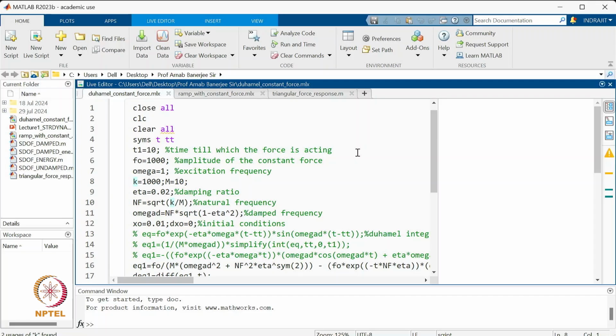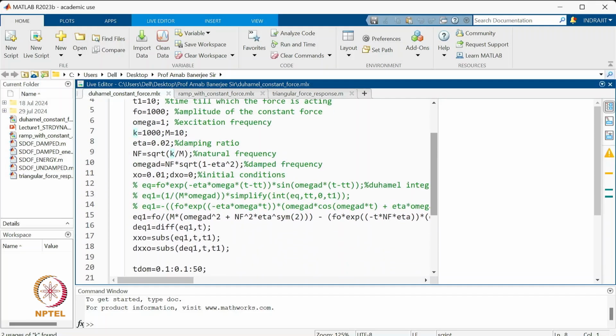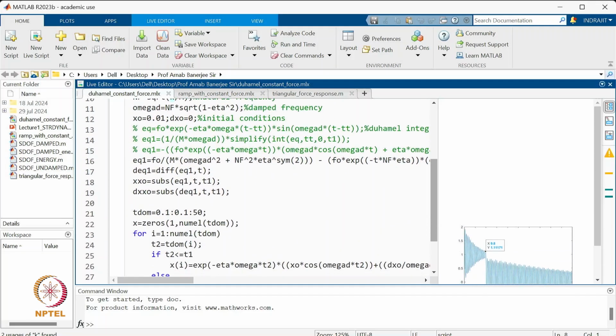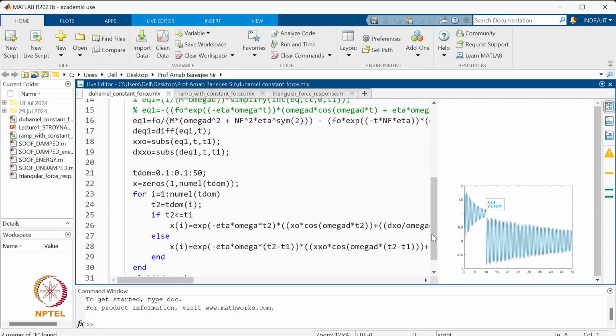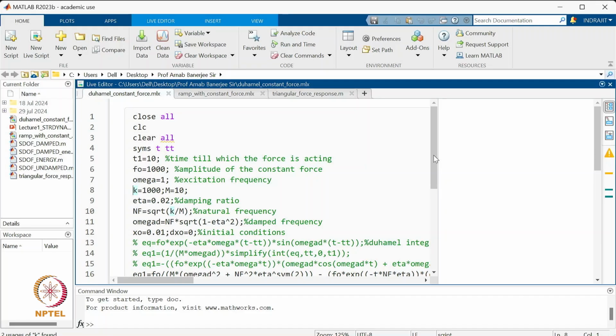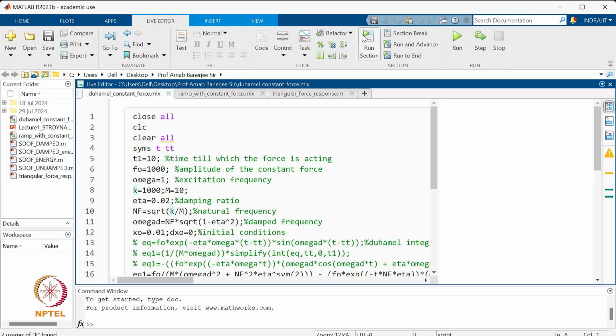So this is exactly what I showed. So you can use those parameters. Yeah, so here the damped portion is included. Just let me run it. This is live editor.